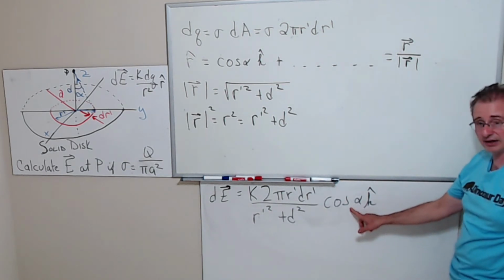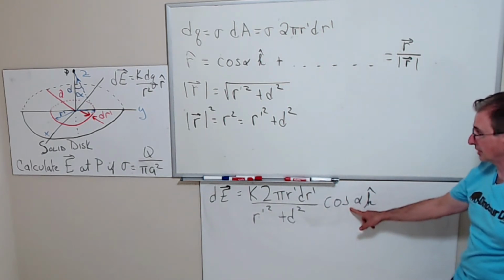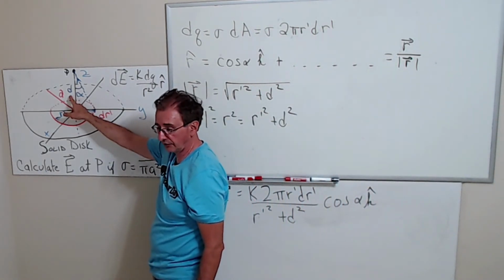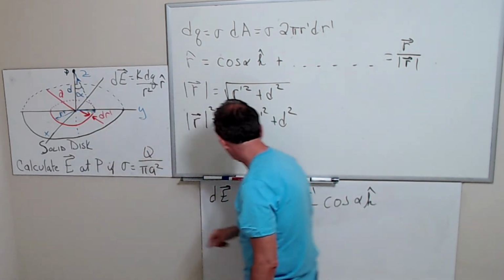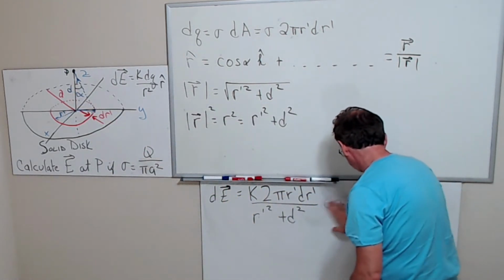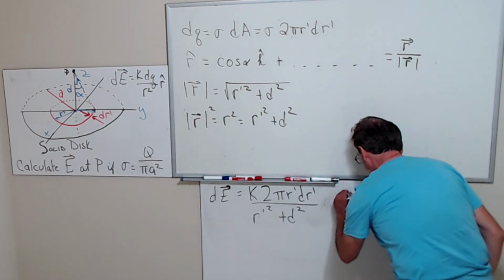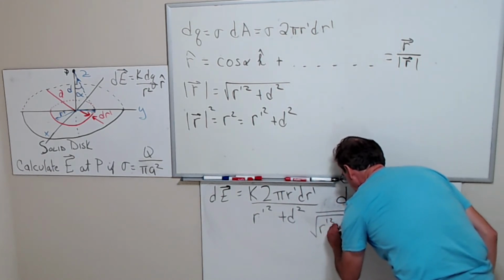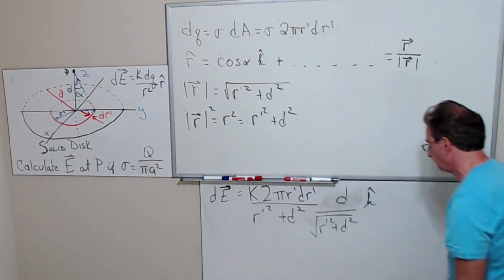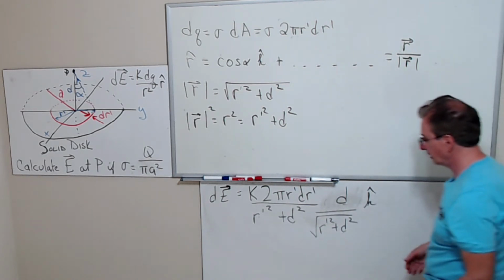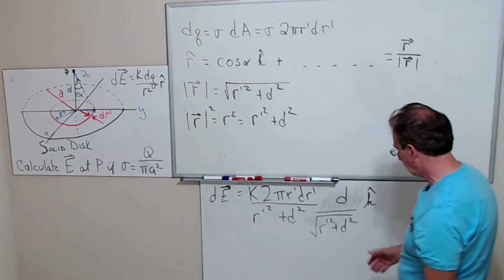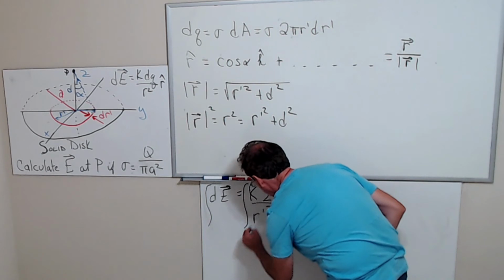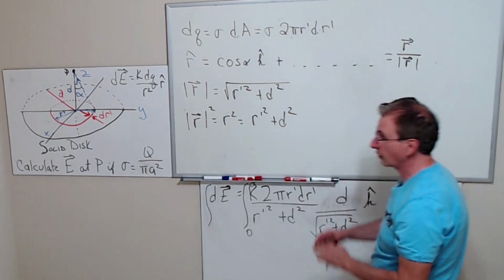But actually, I can rewrite this term because I know that cosine of alpha is d in this figure divided by the hypotenuse. So let me rewrite this term as d over the square root of r prime squared plus d squared. The next thing, once I have this, I will integrate from 0 to a over all such rings.